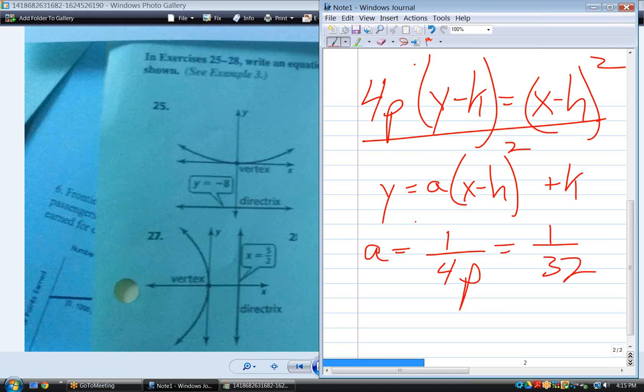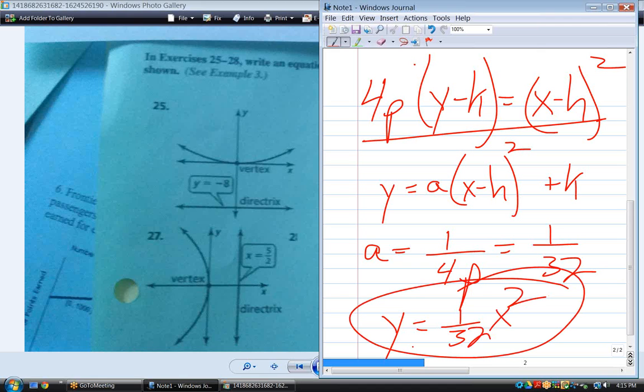And I can apply it directly to the new format. I mean, your old format. In fact, it's a little more direct. So it doesn't matter which format you use. You can use either of these formats. The key is to know how to relate A to 4P. And obviously, I would need to divide both sides by 4P to end up with an A.